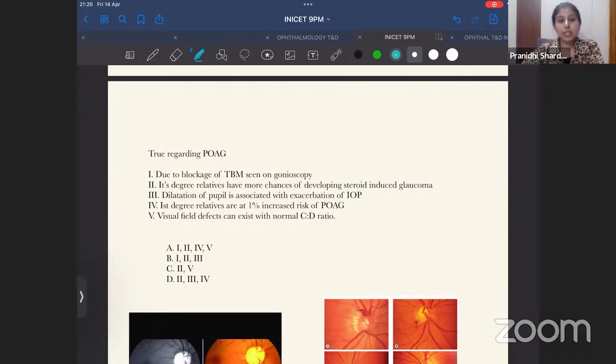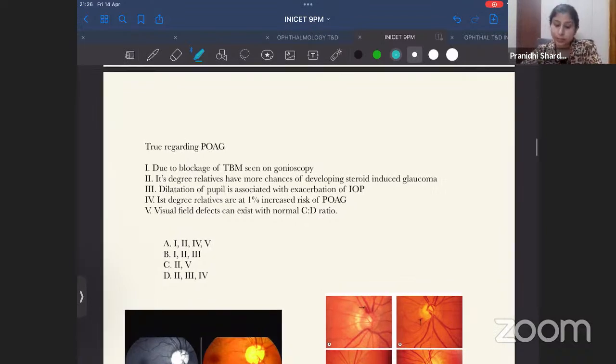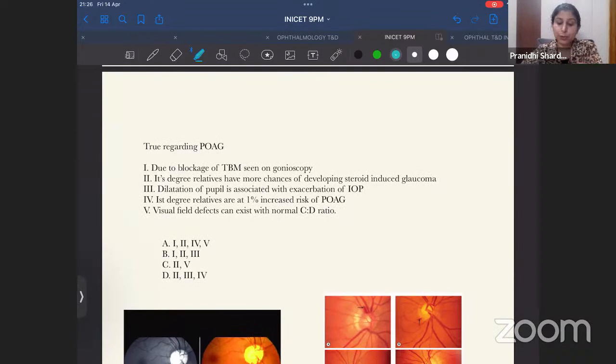So the next question: which is true regarding primary open angle glaucoma? This type of question is very common in INI, where we are given options and we have to choose either the incorrect or the correct statements. The first option: it is due to the blockage of trabecular meshwork seen on gonioscopy.